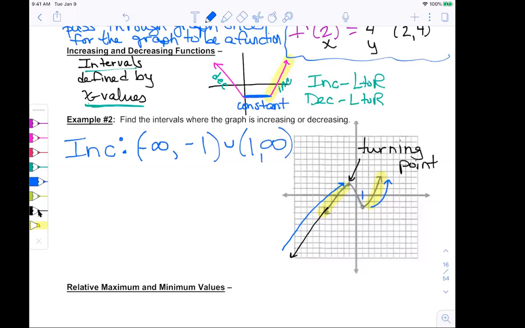We're not looking at the y, we're describing the horizontal distance. So these numbers he's giving me are the x values. So at the x value of 1, it begins going up. At the x value of -1, it stops increasing. So we're describing it moving from left to right because that's how an increasing function works. Questions?